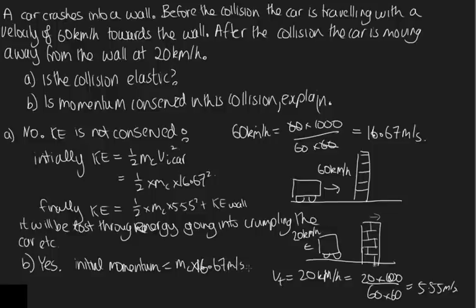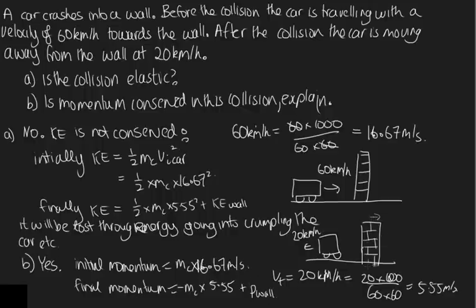16.67 meters per second. And the final momentum is equal to, now the car is moving in the opposite direction, so it's the mass of the car times 5.55, but this is negative, plus the momentum of the wall. Now the wall does actually have momentum, even though it looks like the wall is fairly stationary.